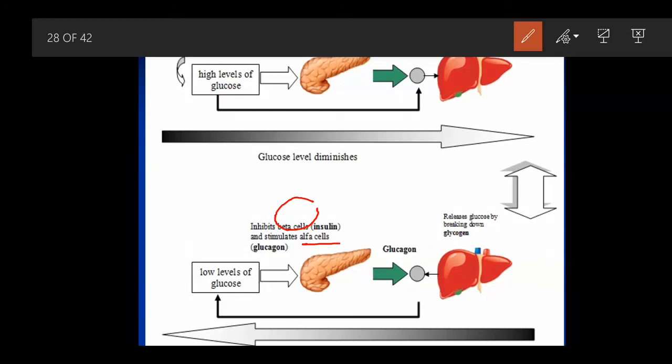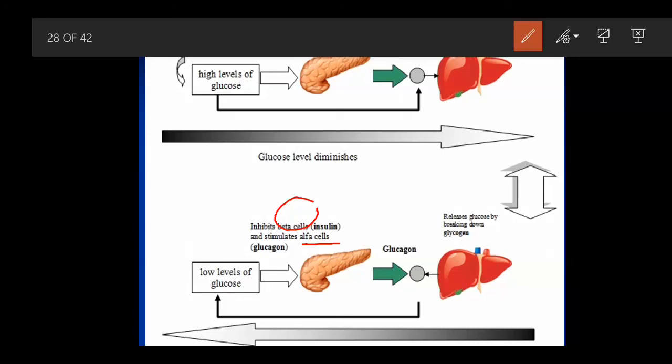The function number one is to convert the excess glucose to glycogen for storage. The other function is to stimulate liver cells to break down glucose to produce energy and carbon dioxide. And the third function is to stimulate the liver cells to convert glucose into fats for storage. And the reverse is true for glucagon.